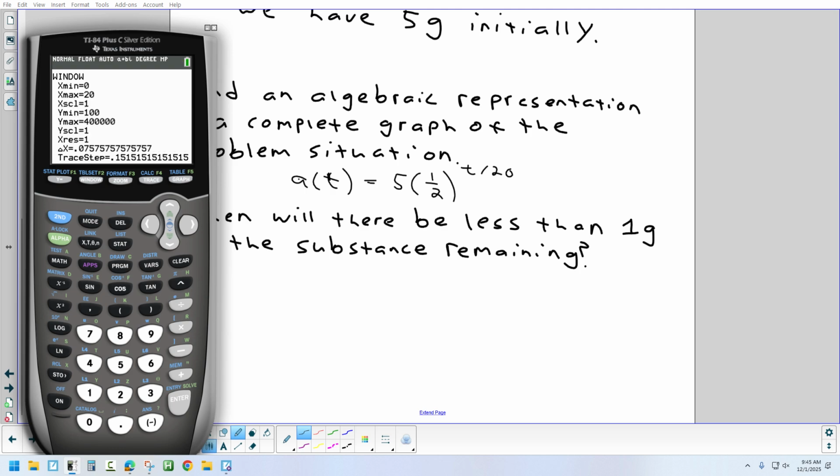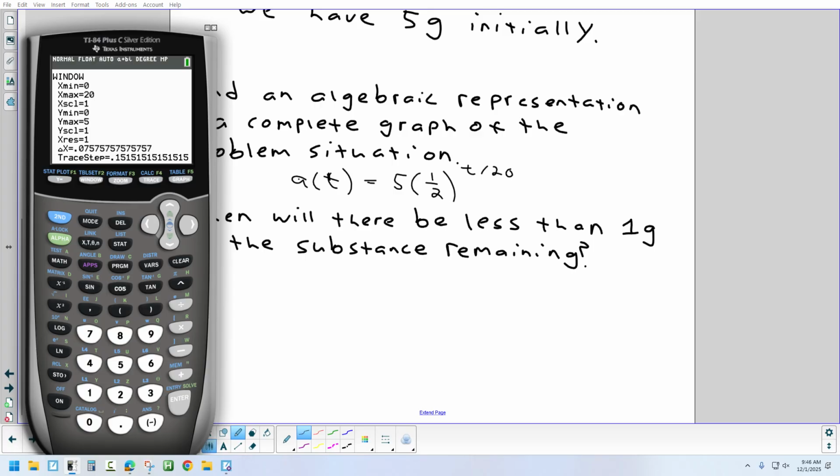So what's the most amount of material that we're going to have in this problem? 5 grams. You're never going to have more than 5 grams. And you're also never going to reach what number? You'll never reach 0. If you keep taking half of 5, it's never 0. It just gets smaller and smaller.